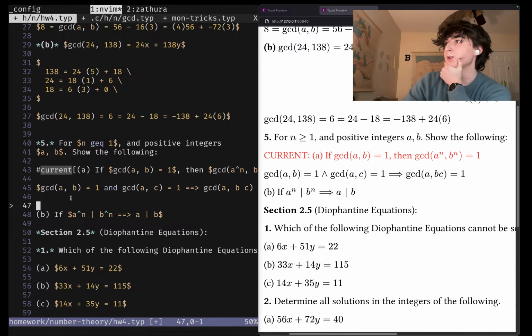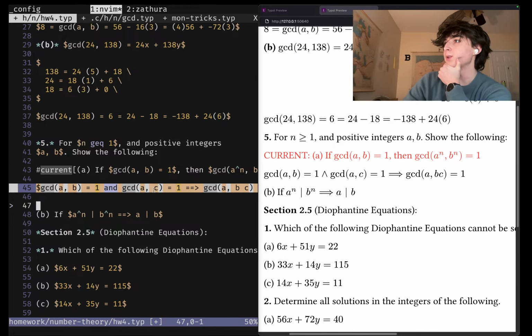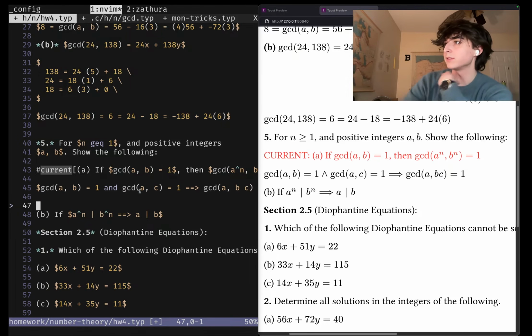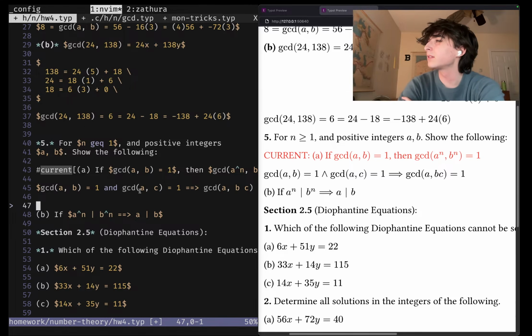Is that the lemma which is directly under the red line? Yeah, it is. The proof of it is that you turn it into linear combinations, and then you can factor in an A, and then you've got a BC, and then you've got that GCD. Yeah, I think that will work.